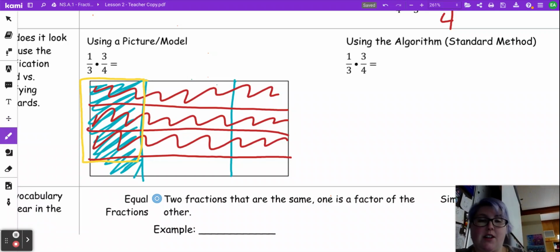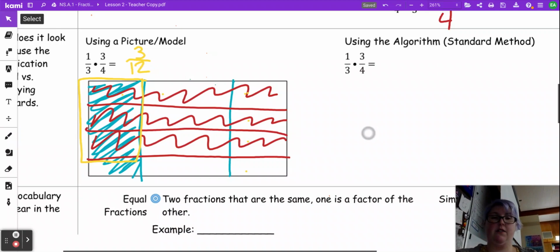So there are boxes that only have one color, but there are 3 boxes where the colors overlap out of a total of 12. So we have 1, 2, 3 by 1, 2, 3, 4. 3 times 4 is 12. Therefore, we have 3 of them that are colored out of 12 total.